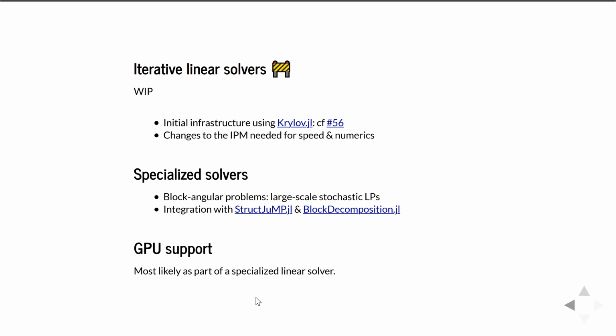We can run them on a GPU directly. This would require a minimal modification of the code. And essentially, it hides all the complexity and makes it fall on the linear solver. Having, let's say, a general GPU support, that will require some heavier refactorization.